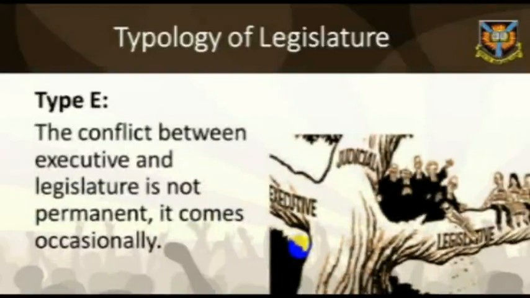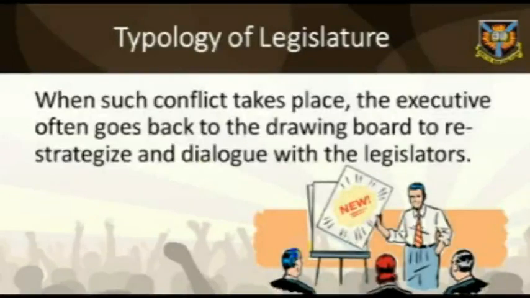The conflict between executive and legislature is not permanent, it comes occasionally. Thus, when such conflict takes place, the executive often goes back to the drawing board to re-strategize and dialogue with the legislators. In doing so, the executive applies effective bargaining to bring the legislators to their side.